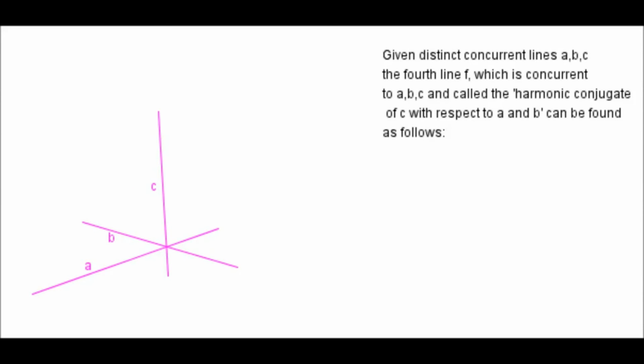What we want to do is find a 4th line, little f, so that we end up with a harmonic set of lines. In fact, the construction is really quite analogous to before. It looks a bit different, but if you follow it algebraically, it's basically the same.